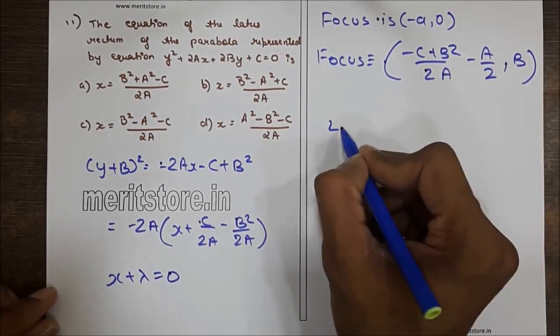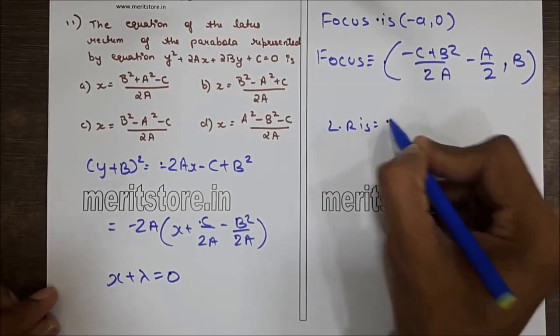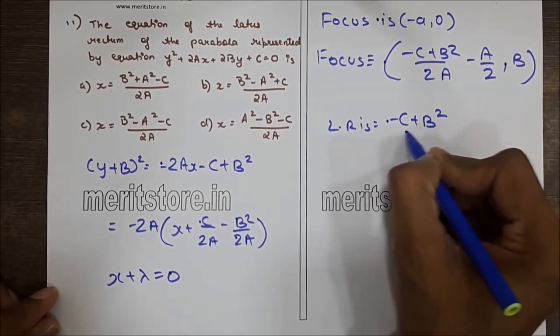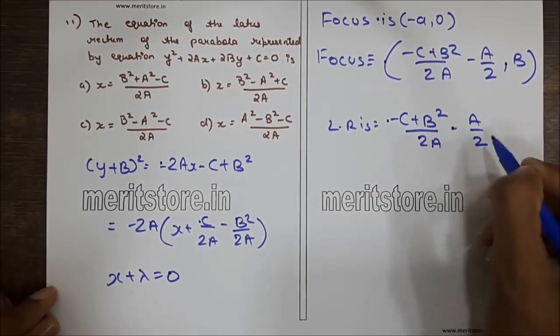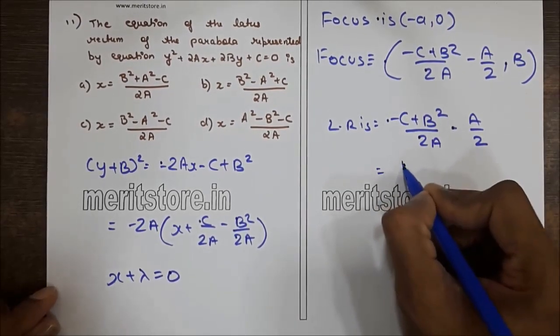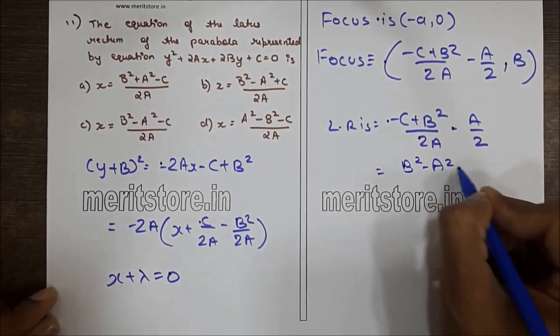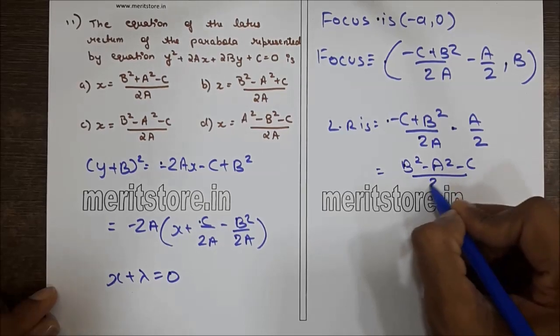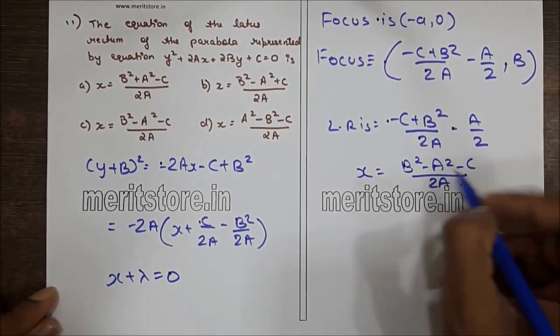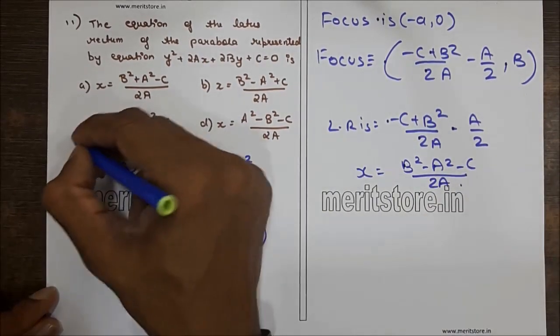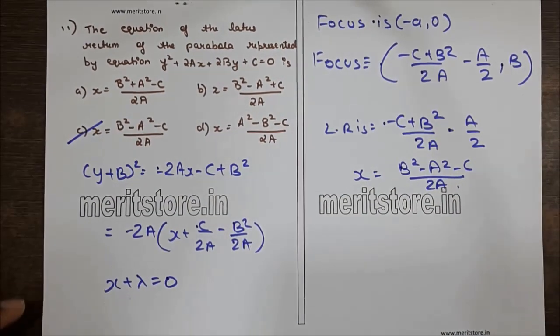Equation of latus rectum is equal to minus c plus b square upon 2a minus a by 2, which is equal to b square minus a square minus c upon 2a. That is x is equal to b square minus a square minus c upon 2a, which is our option C. Therefore option C is the correct answer.